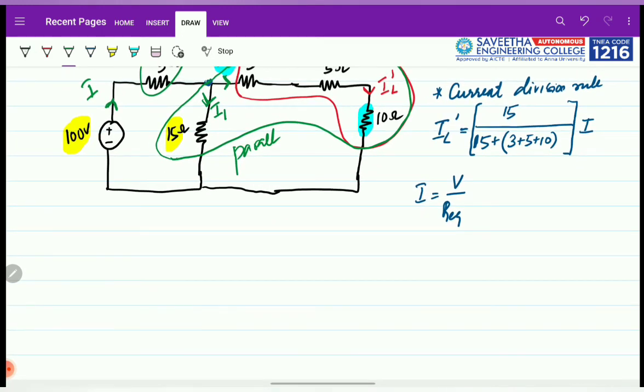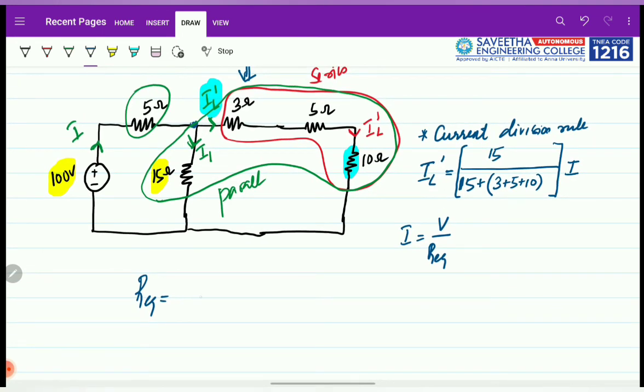So the equivalent resistance formula can be given as: R equivalent is the combination of 3, 5 and 10, which is nothing but 18. So 18 is parallel to the 15 ohm resistance, and then it is in series with the 5 ohm resistance.